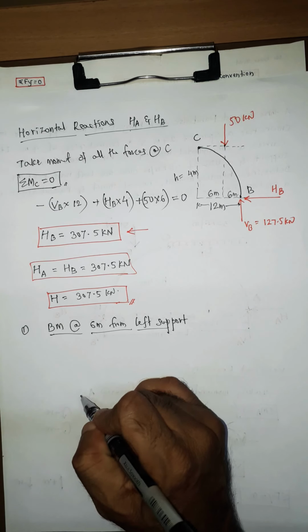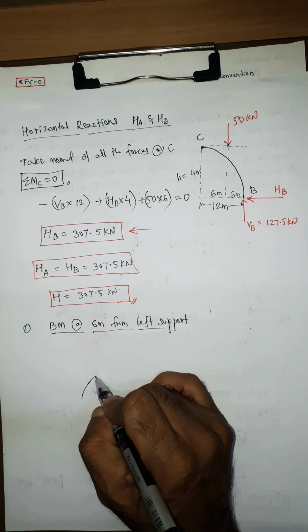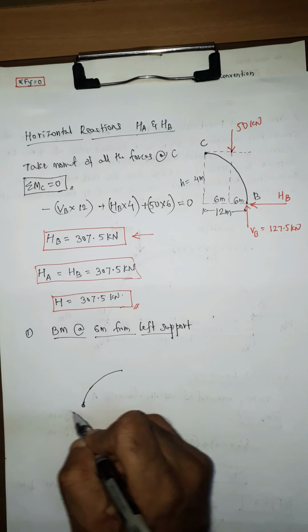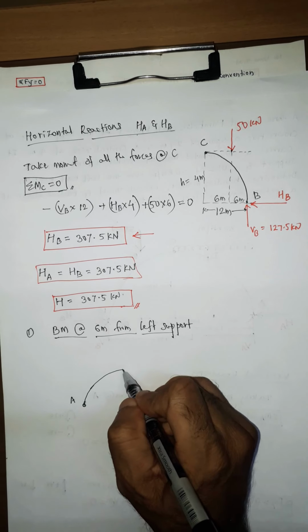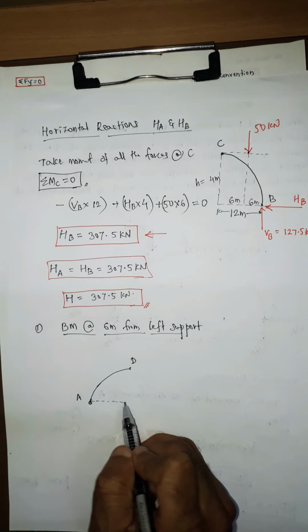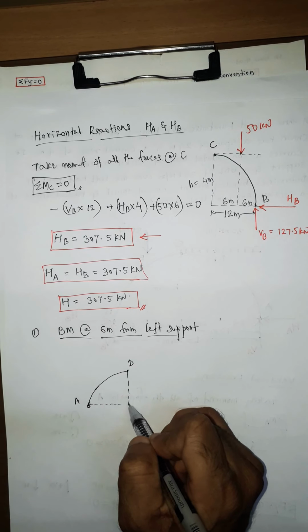Now see, again we're going to draw the diagram. Only the 6 meter span we have to consider. This is hinge A. This is point D, which is at 6 meter from the left support.